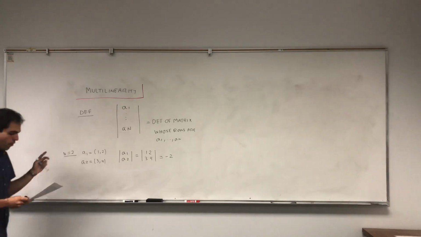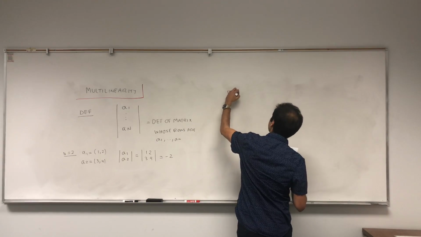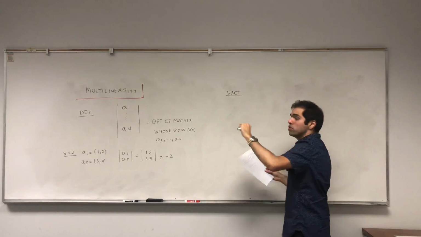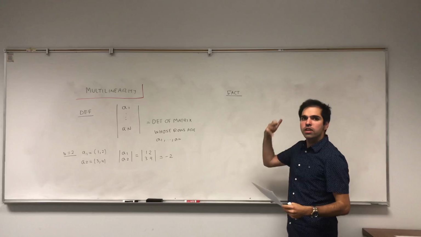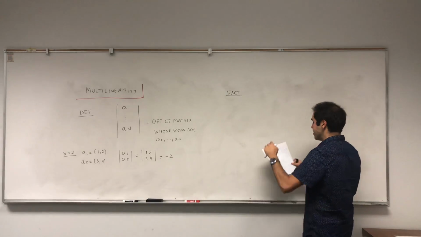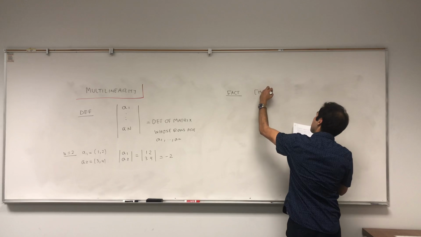And what I want to show is the following. Fact, multilinearity. If you fix yourself on one row and ignore all the other rows, then the determinant is linear in that row.